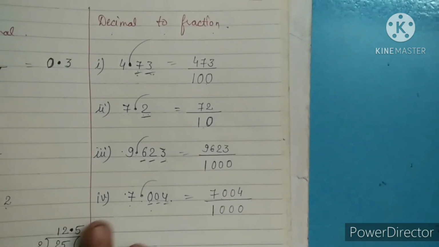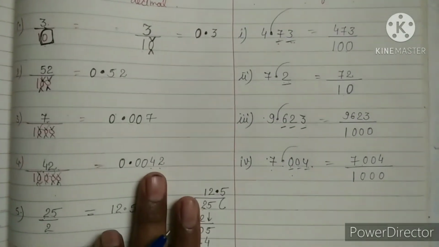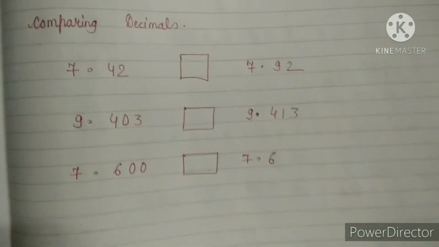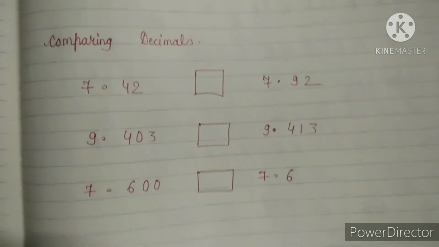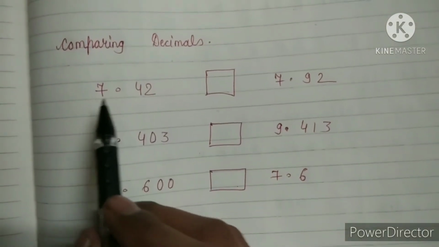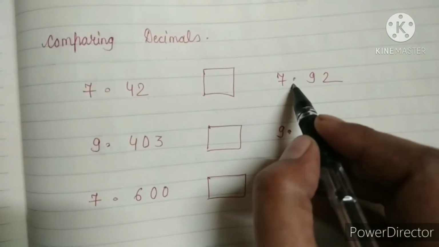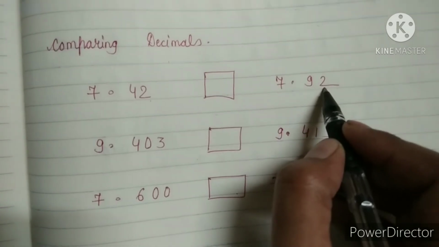So this is the conversion from decimal to fraction, and fraction to decimal. Now the last topic that we have to see in this video is comparing decimals. The first one is 7.42. We have to compare it with 7.92.